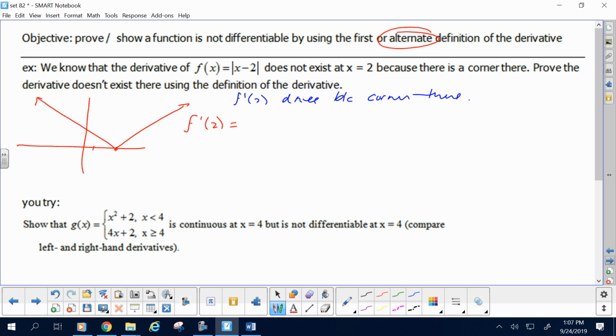Prove it doesn't exist. Now remember the alternate definition of the derivative is something like f at x minus f at a, which in this case is 2, over x minus a, which again in this case is 2, as x goes to 2. Now, more important than just writing meaningless symbols down, let's remember the concept.